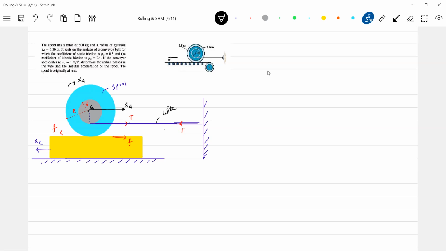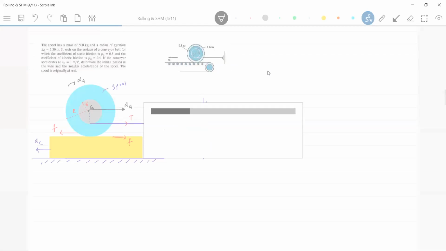I assume like this. So now you have to give the reason. So why only like this? So let me assume towards left. Okay, you do that and try to verify. Whatever you assume, try to verify it in the end answer. If you get negative, you should change the direction.